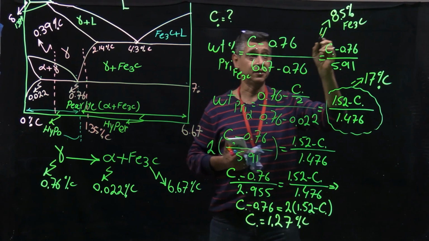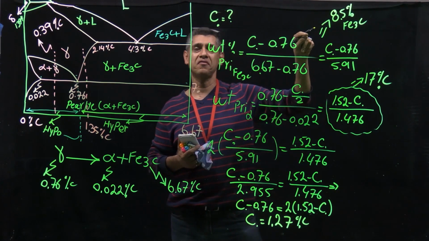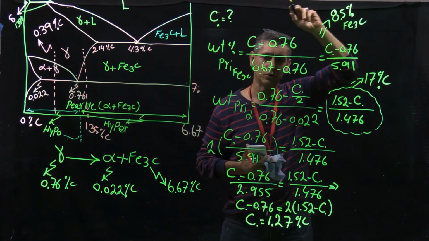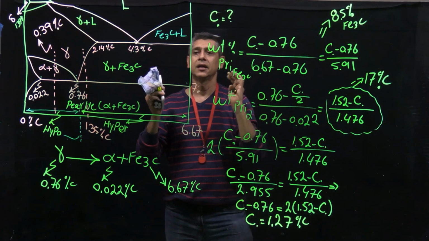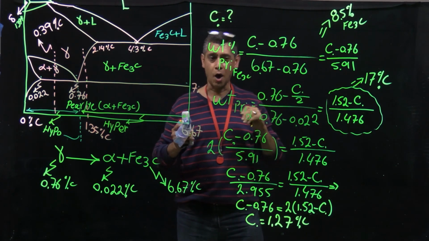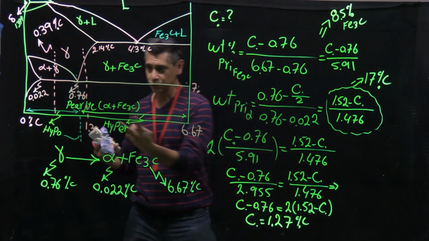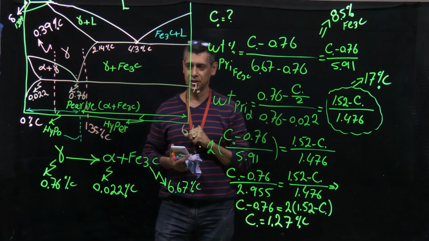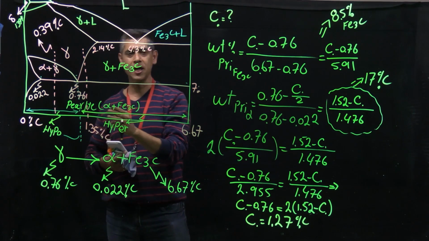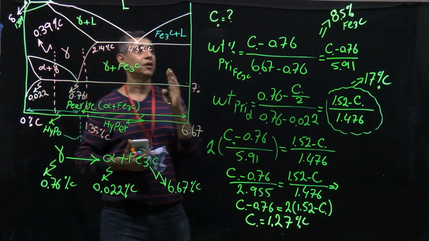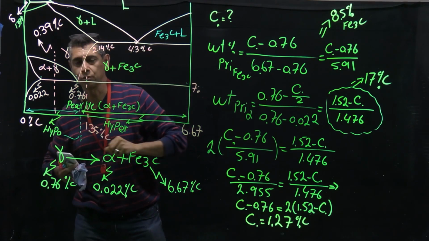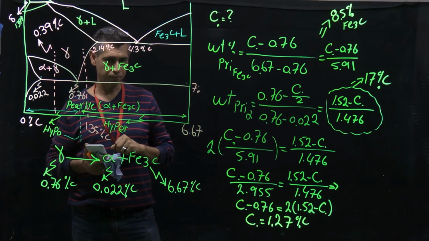Bear in mind, this primary phase is cementite, those are rivers. This primary phase is ferrite, blobs, but the question didn't say that. So this question has two answers. Either you are in hypo, remaining hypo, or you are in hyper and you cross to the hypo.